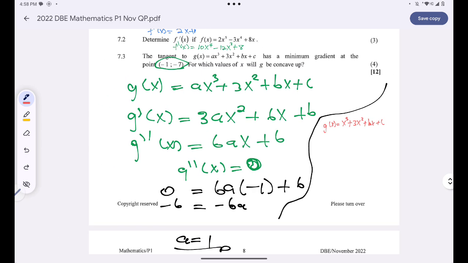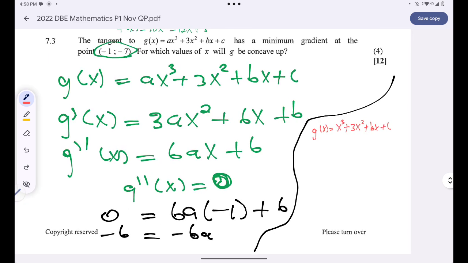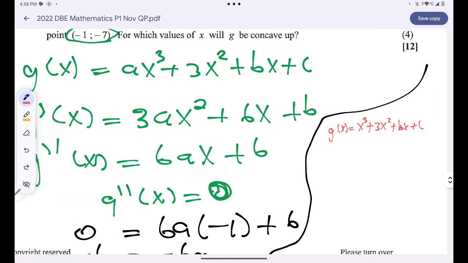I was asked for which values of x will g be concave up. G will be concave up if the second derivative is greater than 0. Are you together? So g prime of x is equal to 3x squared plus 6x plus b, okay? And then my second derivative is simply equal to 6x plus 6.